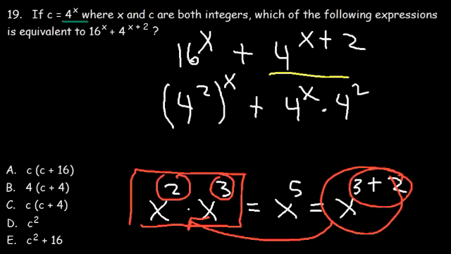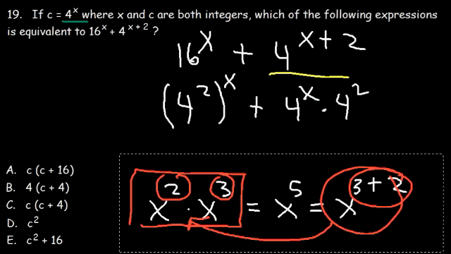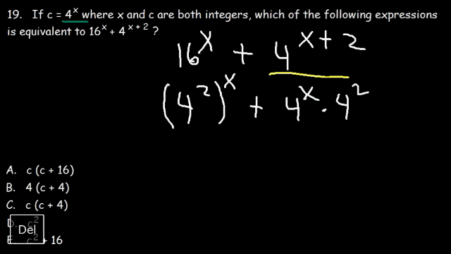We can add x and 2 to get x plus 2 if we go backwards. So you need to understand that property of exponents in order to go from this step to this step that we have here.